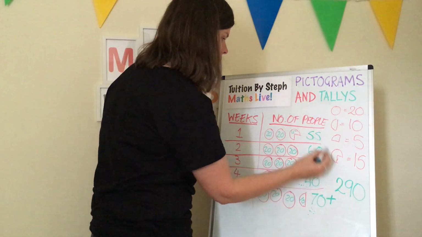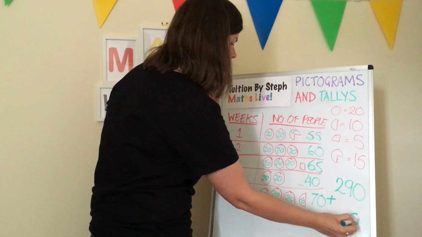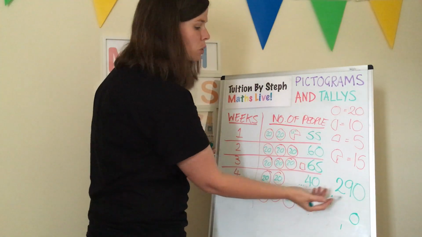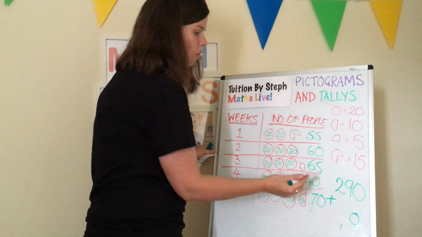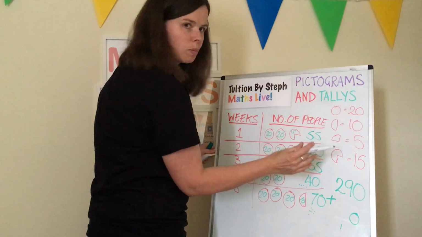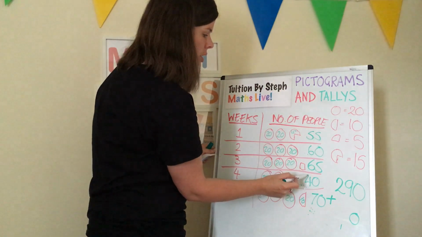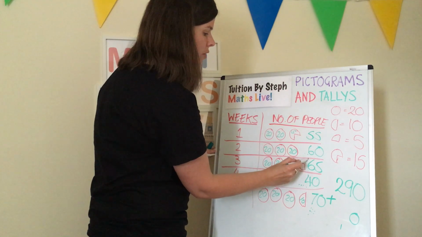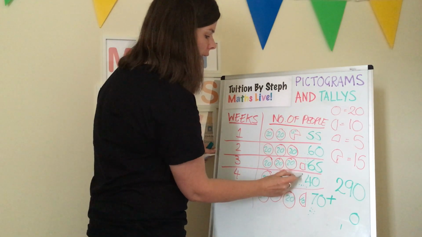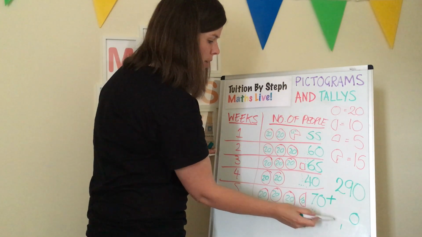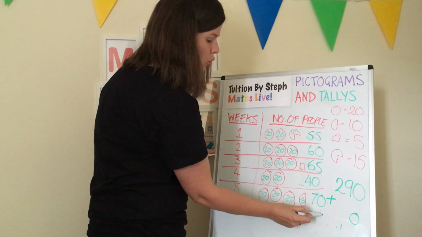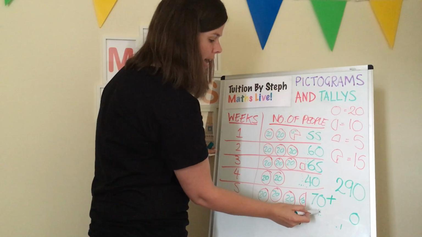So I've got my 0, my 1. And why I'm doing that is because I've got 5 and 5, which I know is 10, so I'm carrying it across. So that's 11, 12, 13, 14, 15, 16, 17, 18, 19, 20, 21, 22, 23, 24, 25, 26, 27, 28, 29.